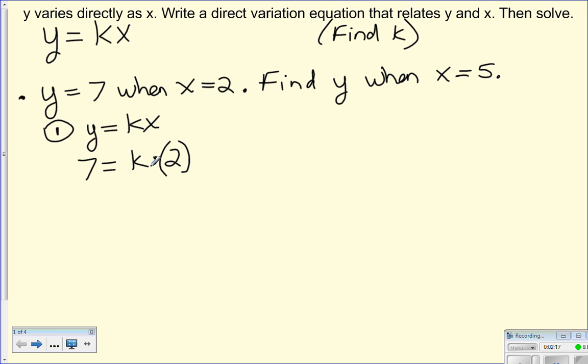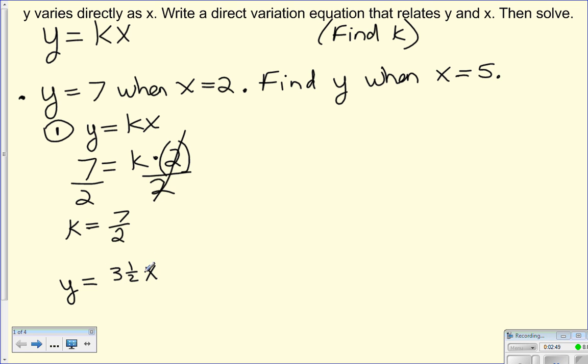So now we have to undo this multiplication, and so to do that we need to divide both sides by 2. The 2's are going to cancel over here, and we get that k equals 7 halves. Now 7 halves is 3.5, but we don't want to write it as 3.5, because if I wrote y equals 3.5x, it looks rather silly.